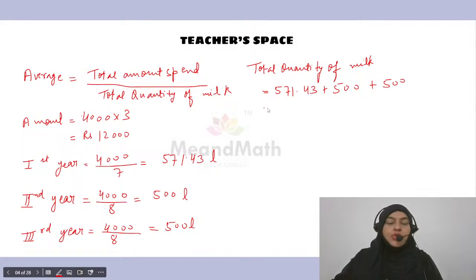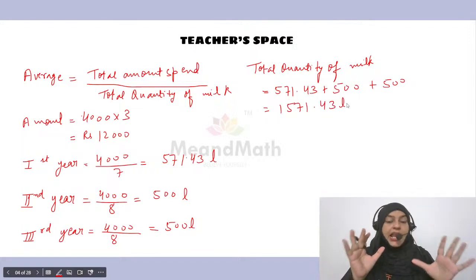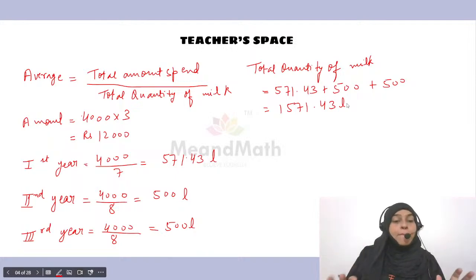So when you add all of these three values, you will get 1,571.43 liters. So this is the total amount of milk he bought in all the 3 years.